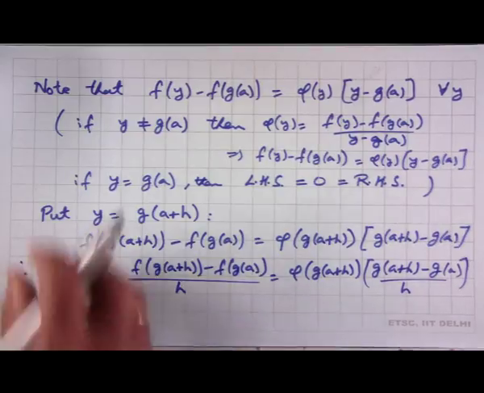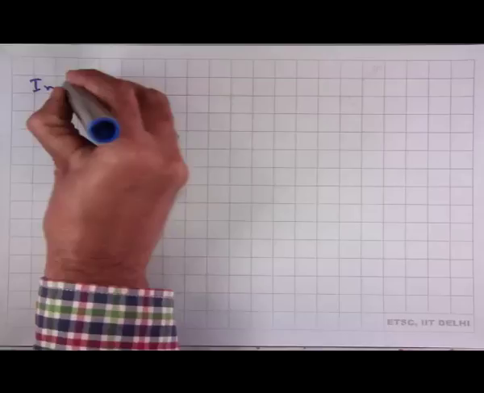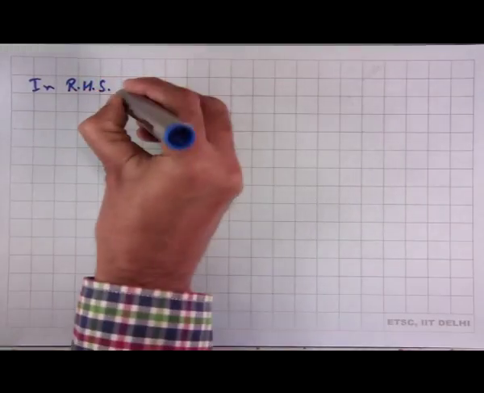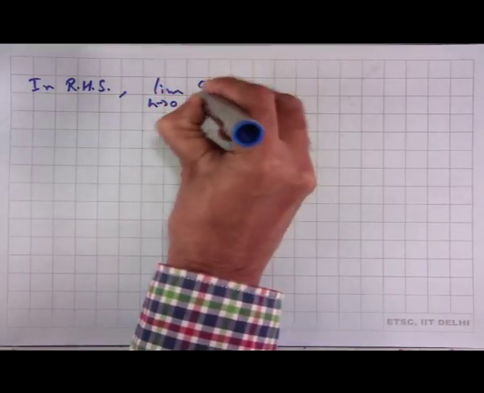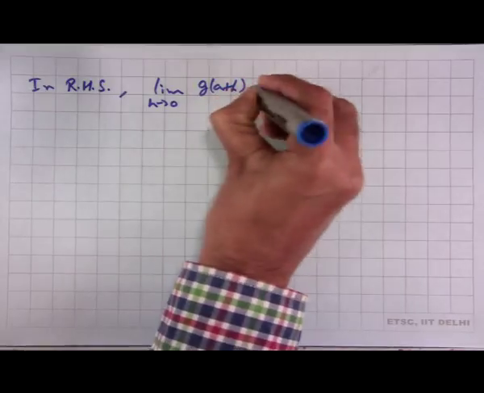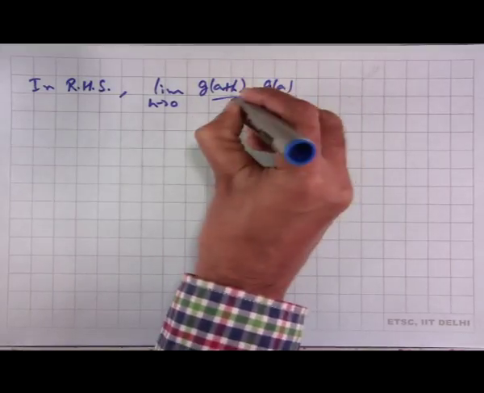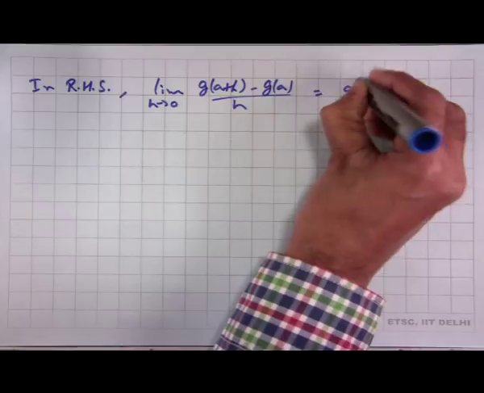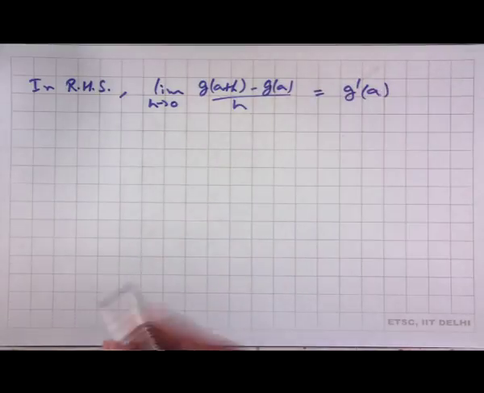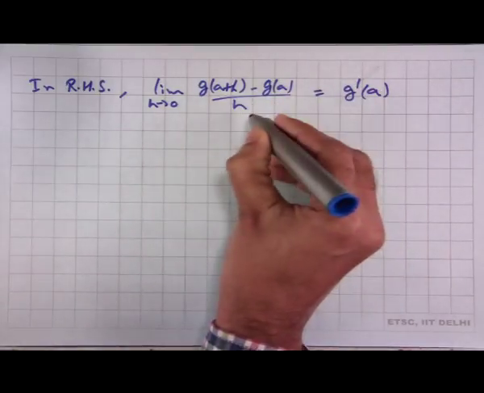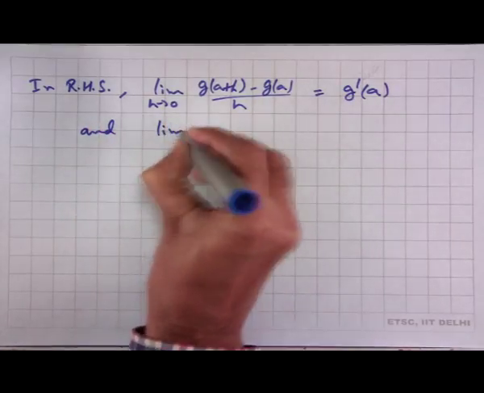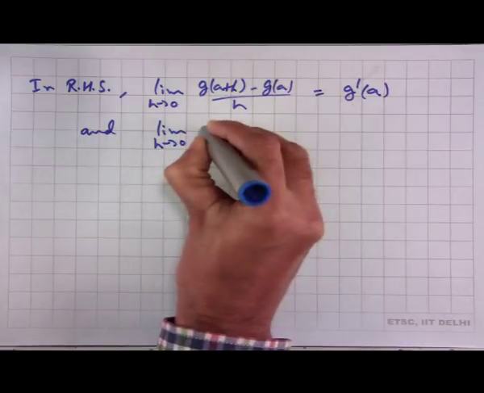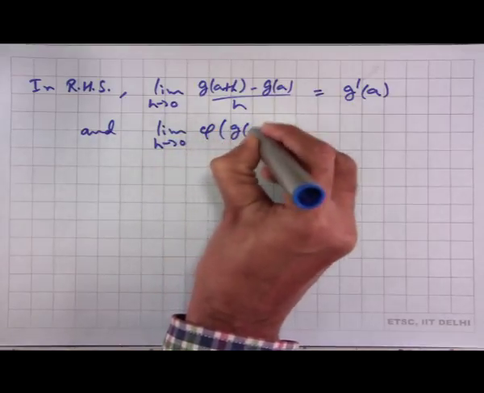Now, in the RHS, the limit of h going to 0 of [g(a+h) - g(a)] by h, we know is equal to g prime of a, because g is differentiable at a. And what about the other limit? We get the limit as h goes to 0 of phi of g(a+h).